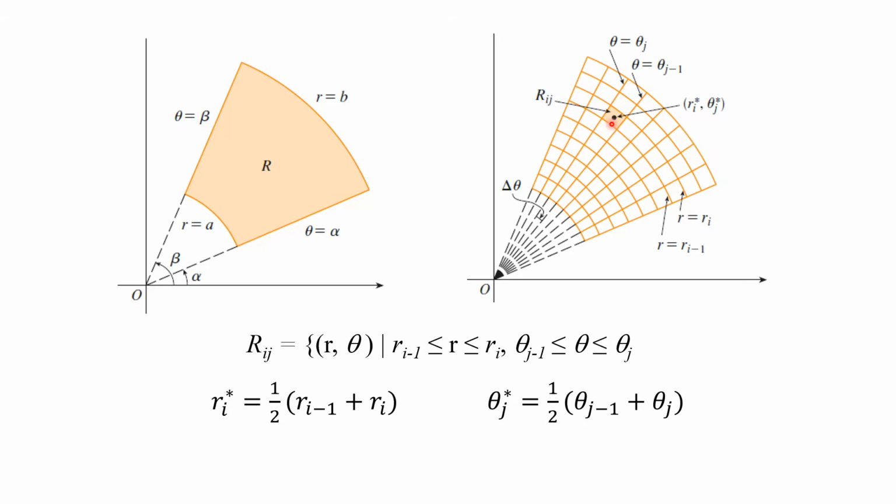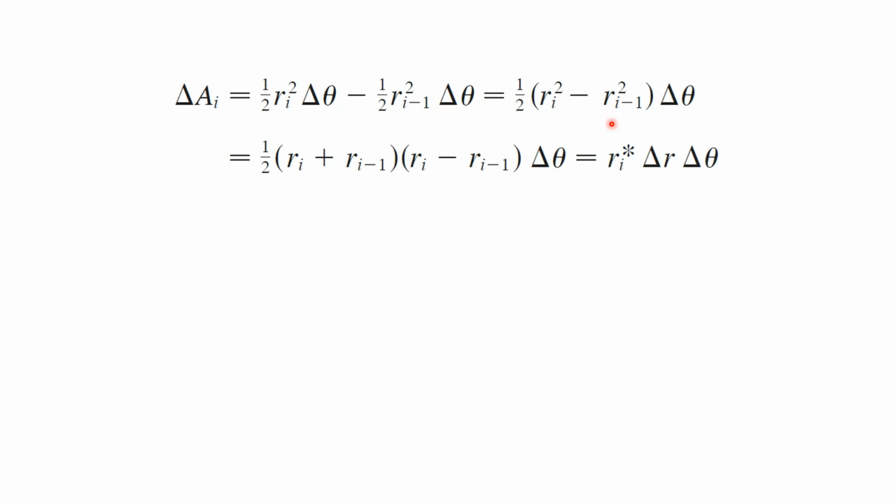So if we are going to calculate the area of the R sub ij, we have the change of the area, delta A sub i, which is equal to this. This is what I mentioned a while ago that we're going to subtract.